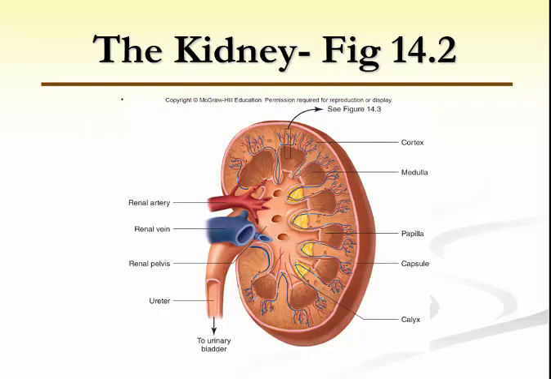And internally, the kidney is arranged into different layers of tissue. The outer layer is called the cortex. The cortex is where the nephrons are actually going to be located, and it is the nephron that actually produces the urine. Then the urine is led through the medulla.